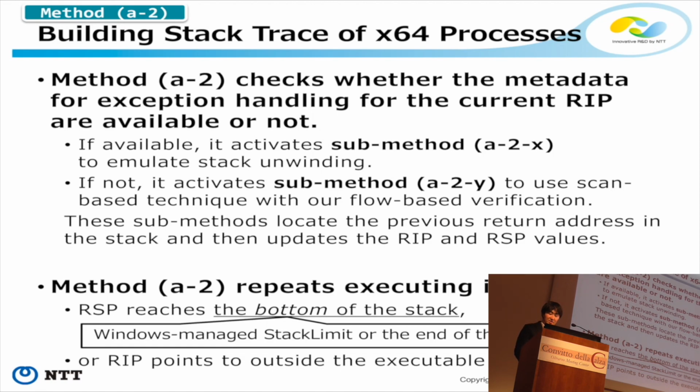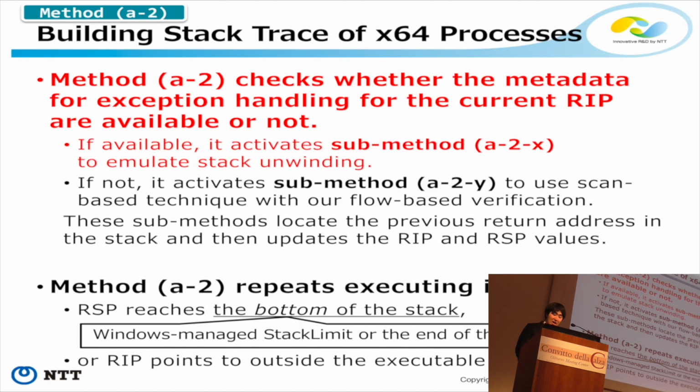Both of them locate the previous return address in the stack and then update the RIP and RSP values. The method repeats this until RSP reaches the bottom of the stack or RIP points outside the executable region.